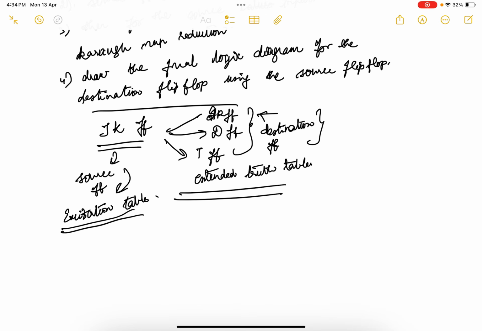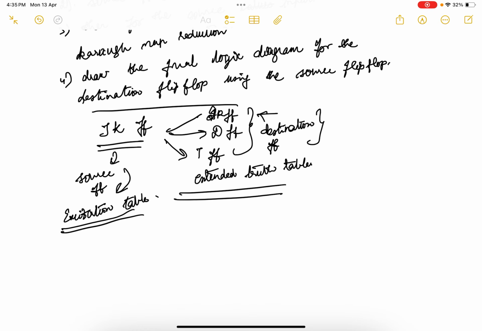In this lecture we have studied the excitation table for our JK flip-flop, the extended truth table for our SR flip-flop, the extended truth table for our D flip-flop, and the extended truth table for our T flip-flop, that is toggle flip-flop.